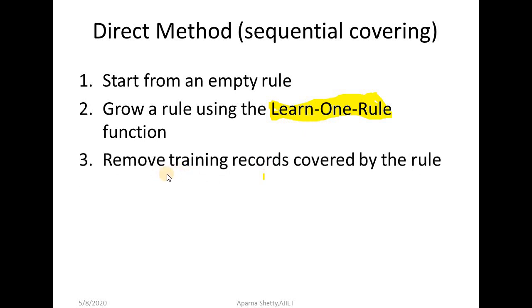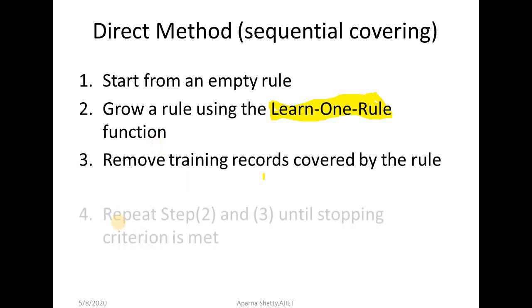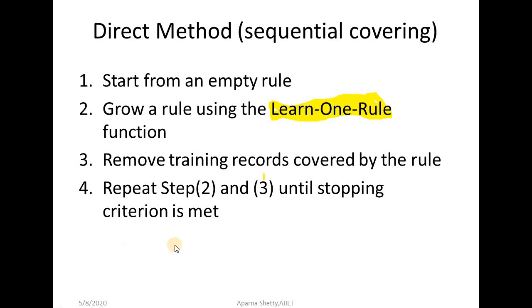Next, remove training records covered by the rule. Which records are covered by the rule, those records you will remove from the data set. So first you generate one rule using the learn one rule function. Next you remove all the records that are covered by that particular rule. Finally you repeat step 2 and step 3 until the stopping criterion is met.